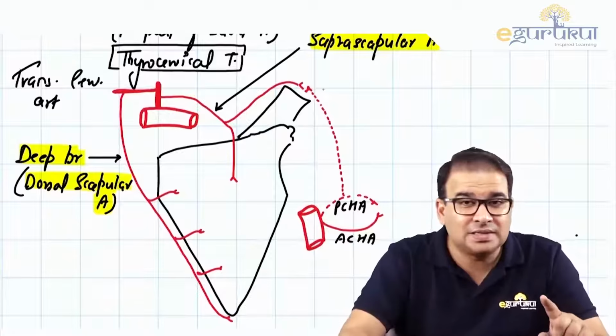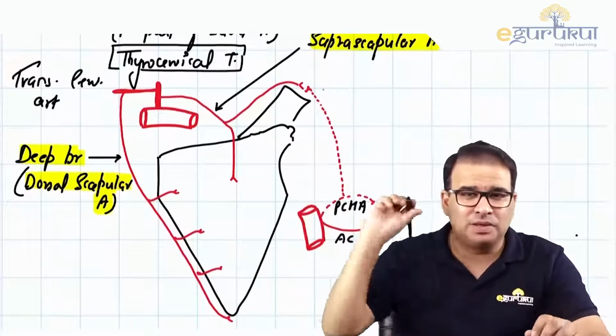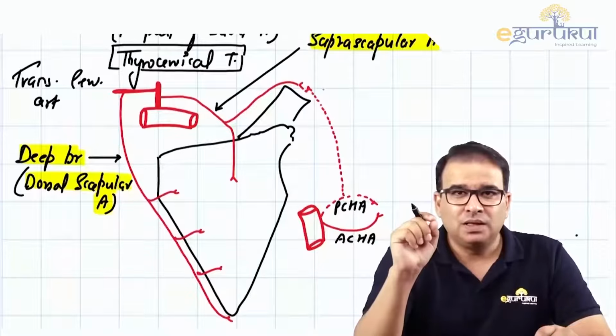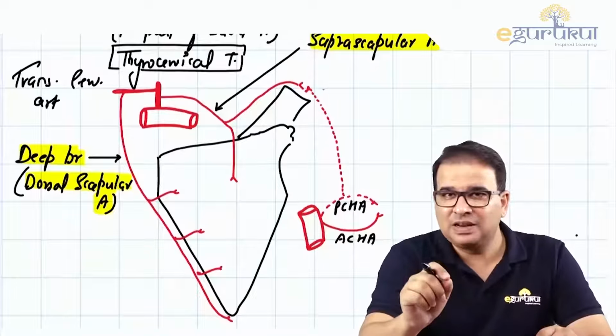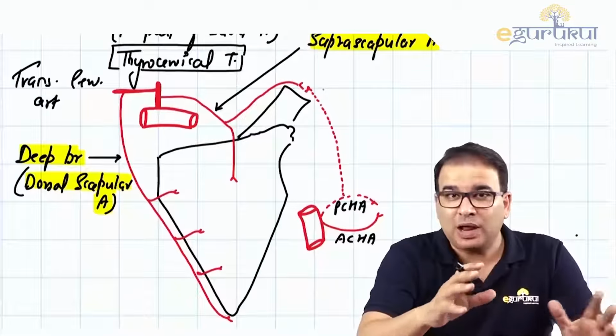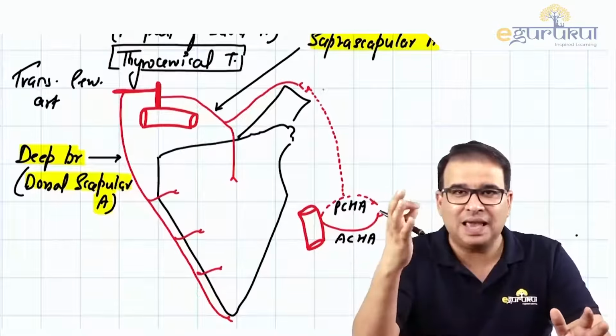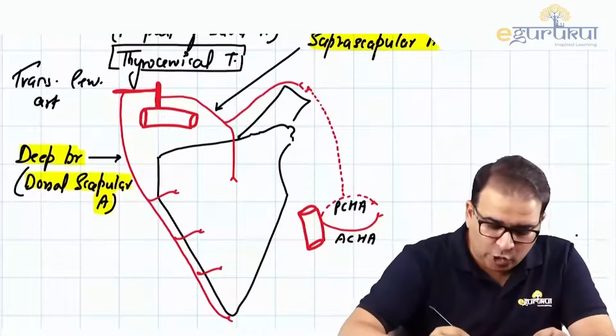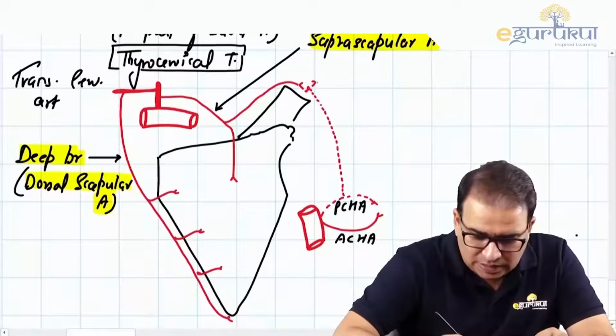And we already discussed one acromion branch just now in the previous discussion. We saw there is a branch from the second part of axillary artery. What was that? That was the thoracoacromial trunk. Thoracoacromial trunk was giving 4 branches, A, P, C, D. A was what? Acromion branch. So we have one more acromion branch. Let me put that here as well.